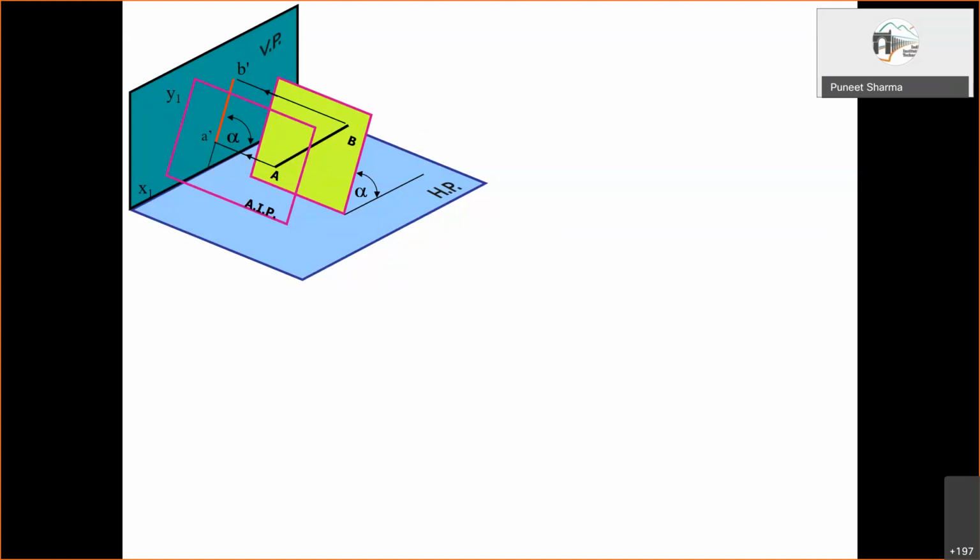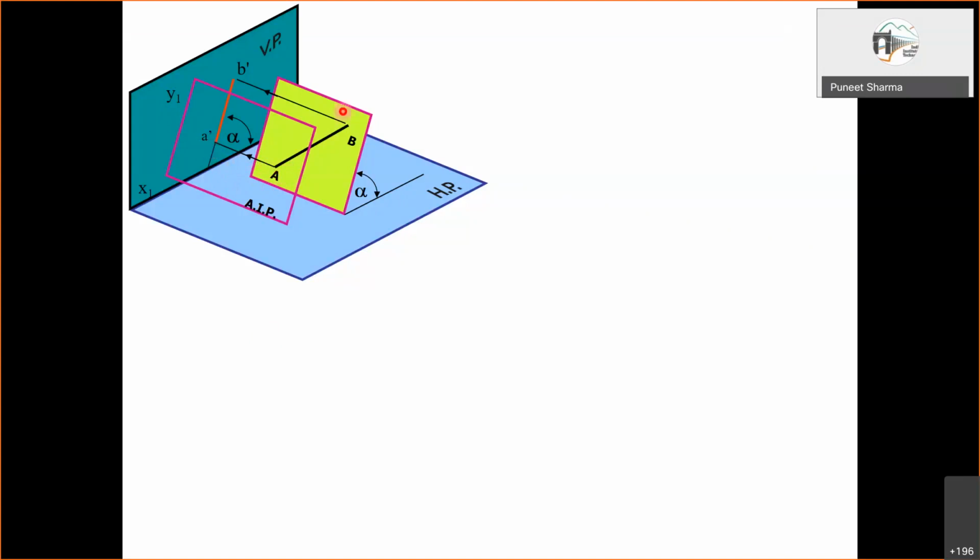And effectively this distance is whatever is available to us in terms of the information about the position of point A. It is in front of the vertical plane by this much distance. So that is how much this capital A is in front of the vertical plane, which we get as A small a dash.